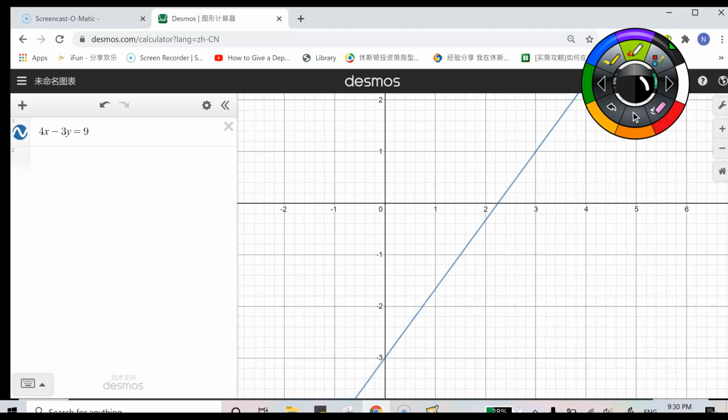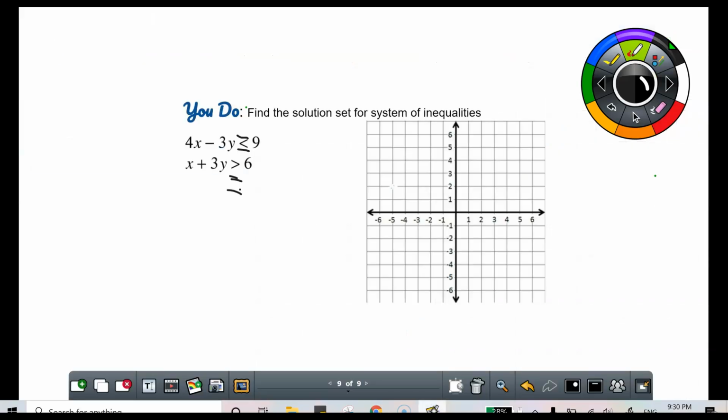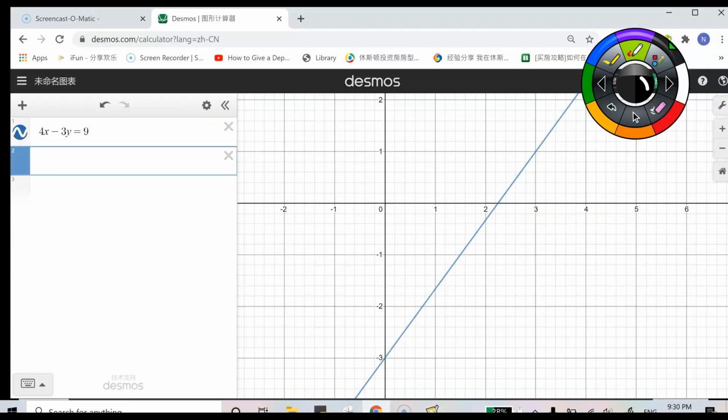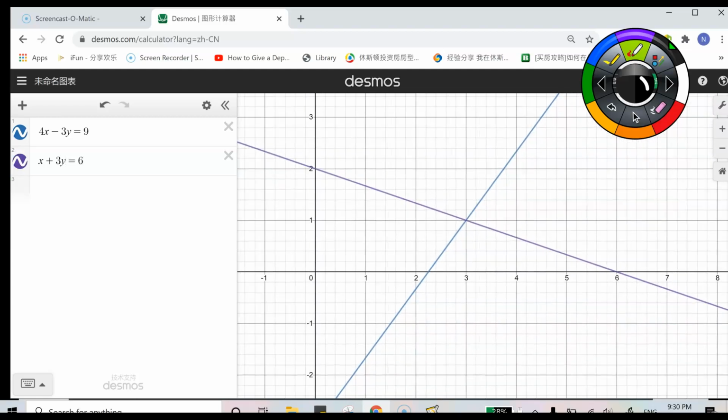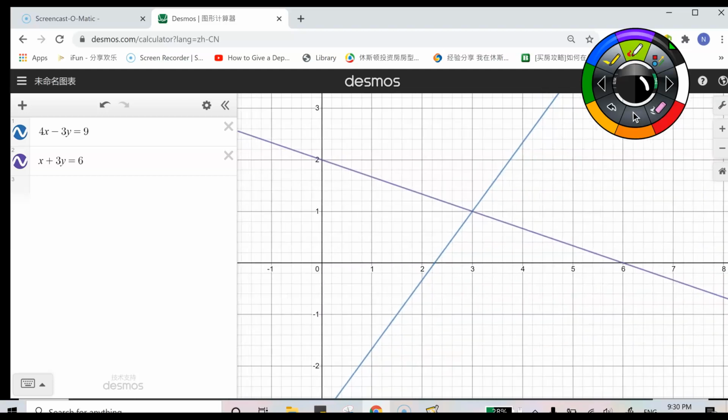This here. And the second equation is x plus 3y equals 6. x plus 3y equals 6. Okay, so I have this picture.